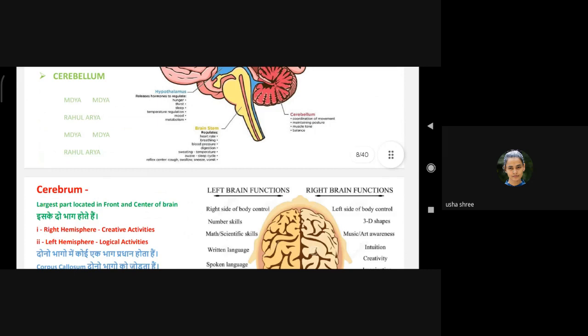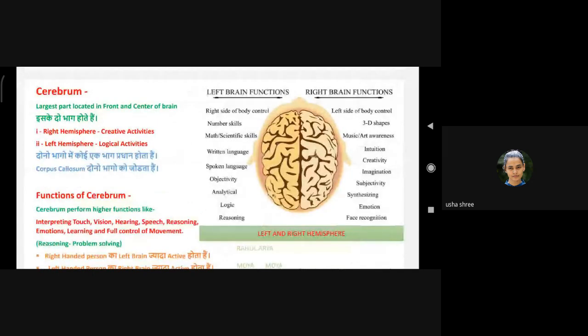Next, cerebrum. Cerebrum is the largest part located in front and center of the brain, and it is divided into two hemispheres, right hemisphere and left hemisphere.